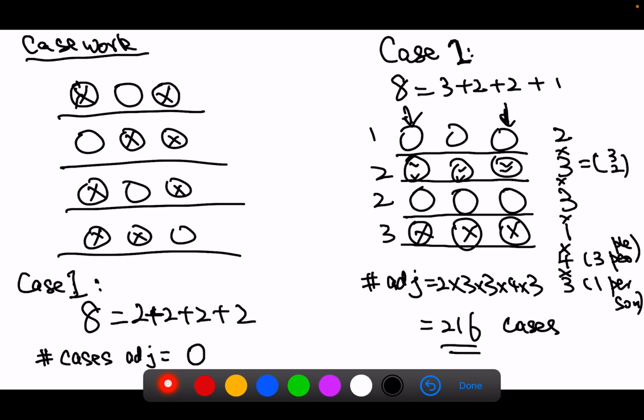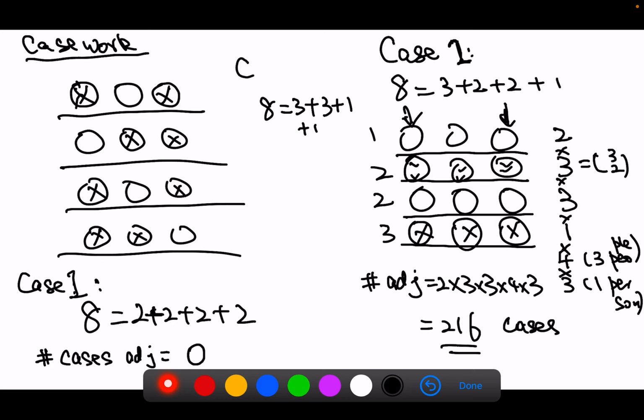Okay, so this is a good one. 3, 2, 2, 1. There are 216 scenarios or possible solutions that would work. All right, before we move to the next slide, we have 8 equal to 2 plus 2 plus 2 plus 2, and 3 plus 2 plus 2 plus 1. What's left? Well, you can also do 8 equal to 3 plus 3 plus 1 plus 1.